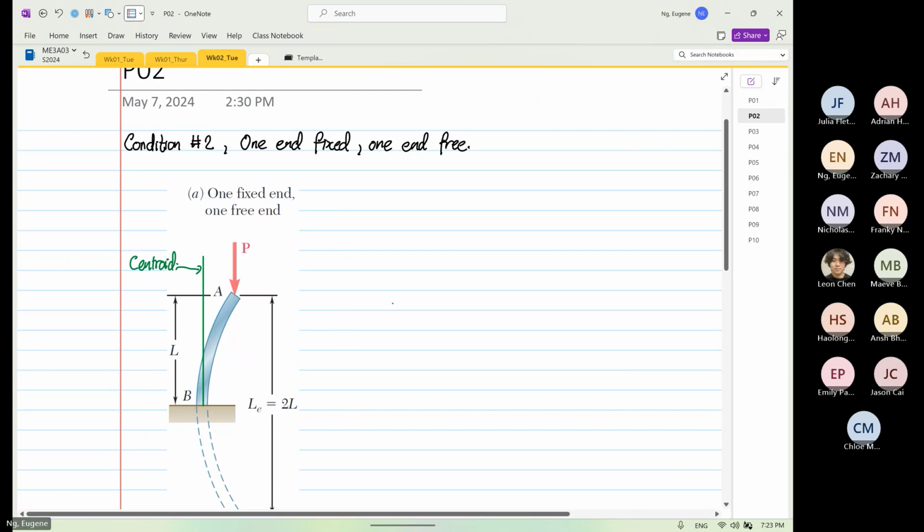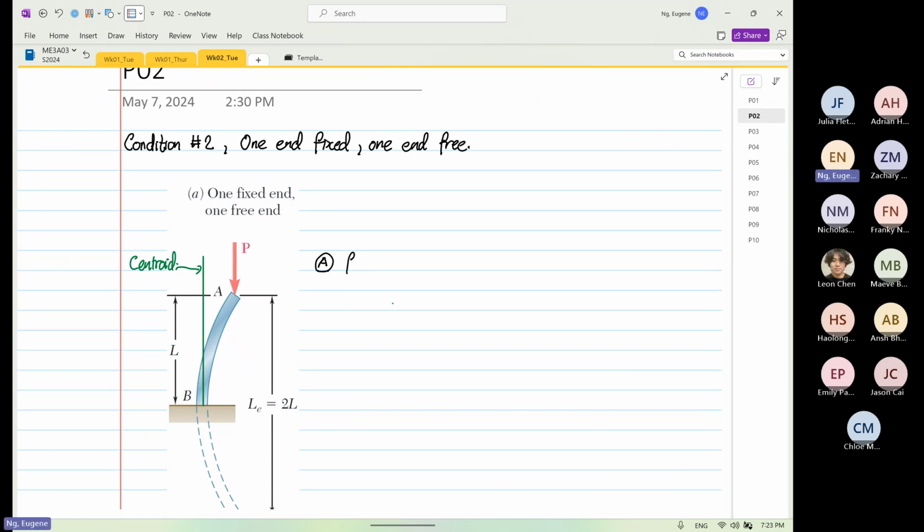And we classify it as free when the load P is allowed to shift away from the centroid, right?